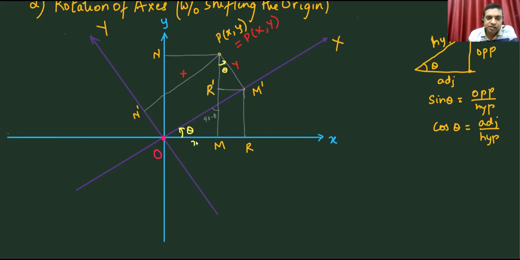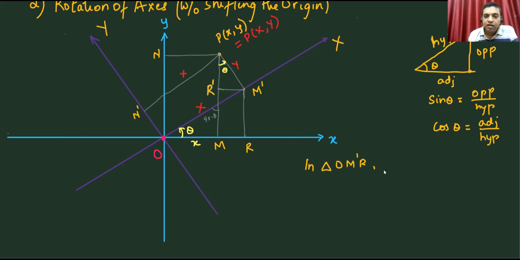This is small x and this is capital X. So now, what is OR in triangle OM dash R?